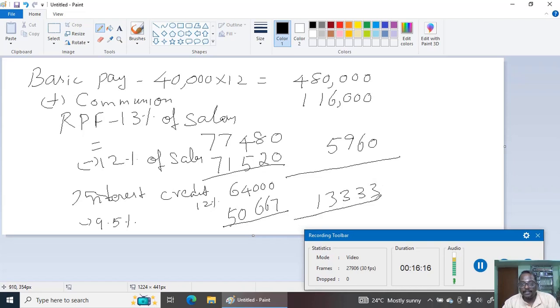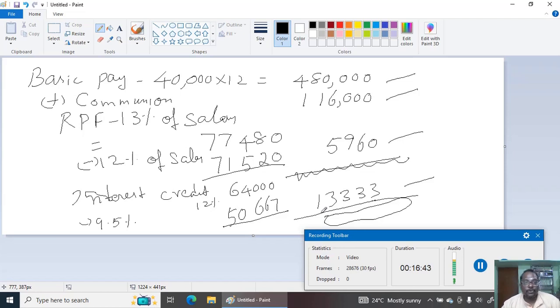All of this has to be added. That means this does not come here, okay? So you have to add 4,80,000, 1,16,000, 5,960 and 13,330. Whatever comes is the answer for this problem, calculate taxable amount of annual accretion.